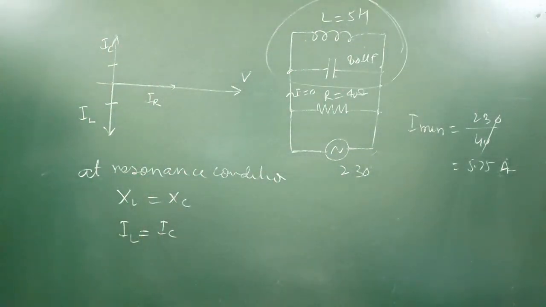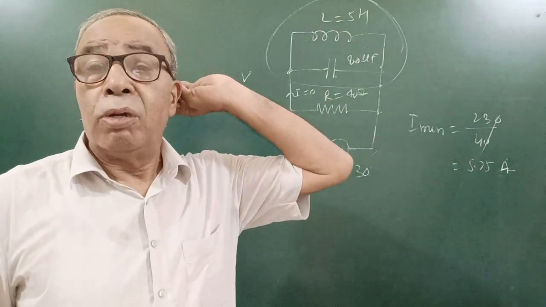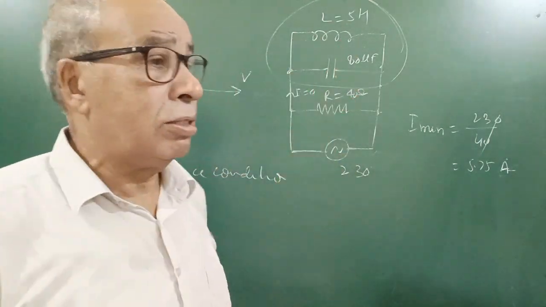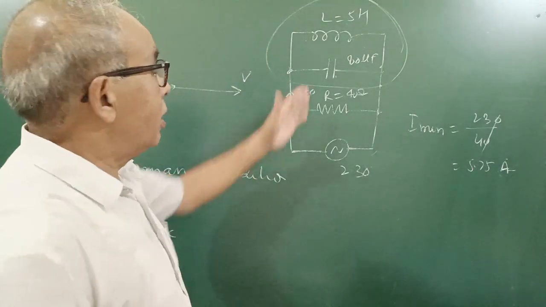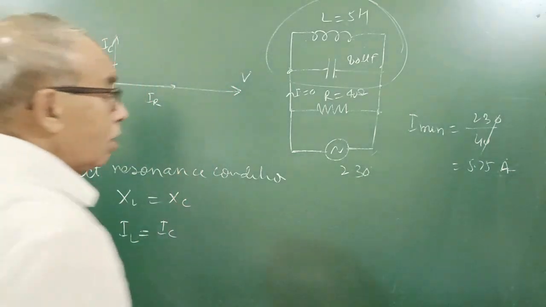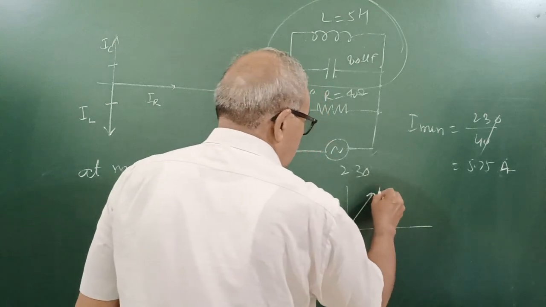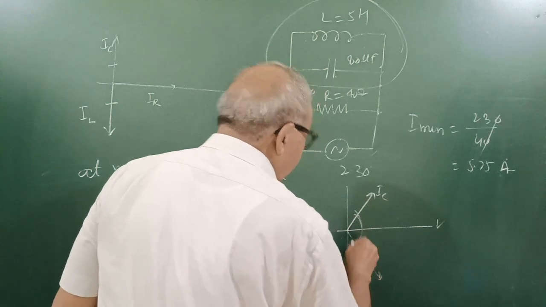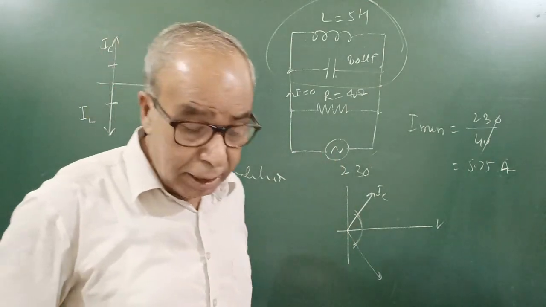Simply, what is the phase difference between current through the inductor and capacitor when they are connected in parallel, in resonance condition? That is actually out of phase. If they are not in phase, then this angle will depend on the value of XL and XC if the circuit is not in resonance.